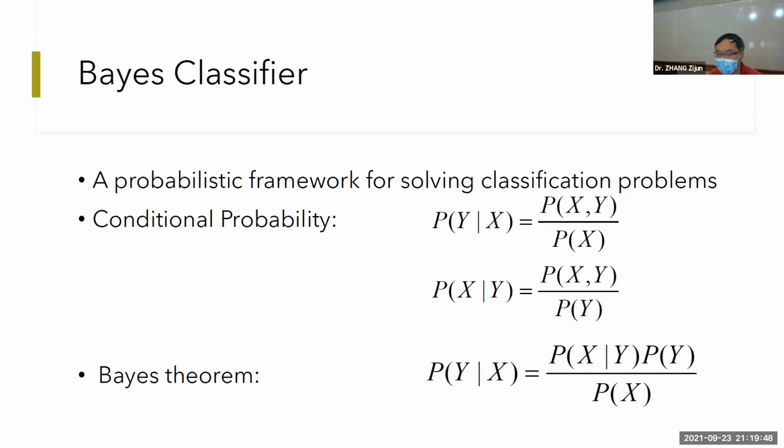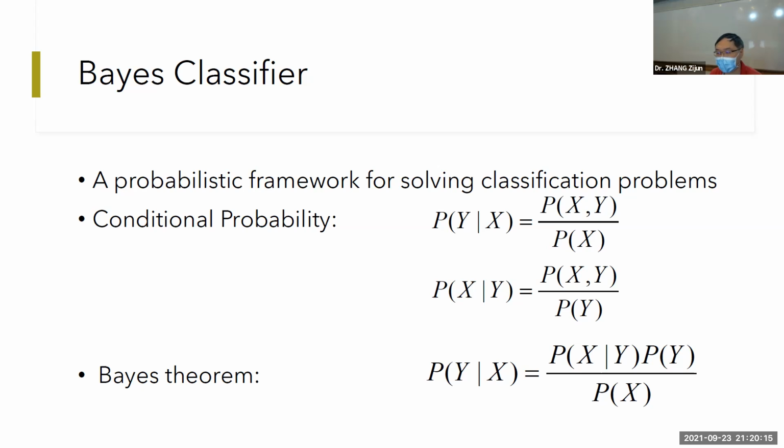Assume we have 2 types of conditional cases: event y conditioned on event x, or event x conditioned on event y. The conditional probability of event y conditioned on event x is P(y|x), and it is equal to the joint probability of x and y divided by the condition, which is the probability of x.